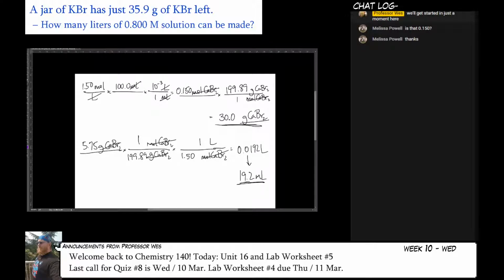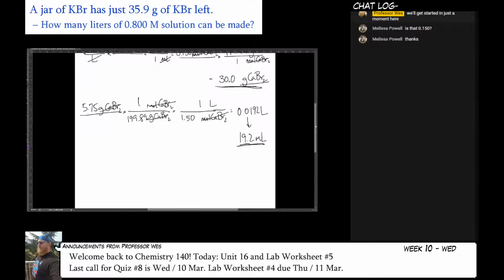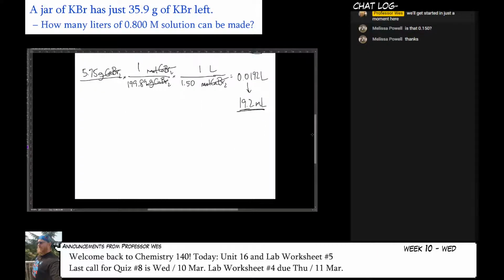All right, and then for the last problem, we're going to do the same thing. I have 35.9 grams of KBr. What's the maximum volume of 0.8 molar solution I can make out of that? So we'll just follow the same process. We'll start with grams.